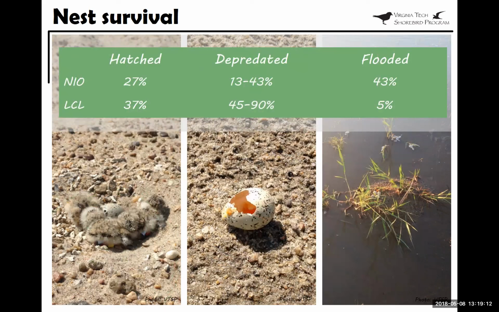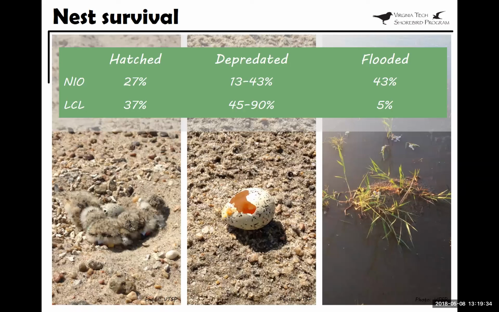The known predation rate was 13% on Niobrara and 45% on Lewis and Clark Lake, but it could have been up to 43 and 90% hypothetically, given that there were some unknown causes of failures that were likely due to predation, where any signs were washed away, like animal tracks or eggshell.